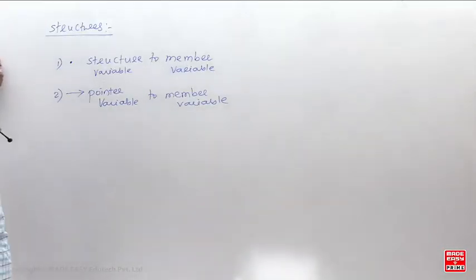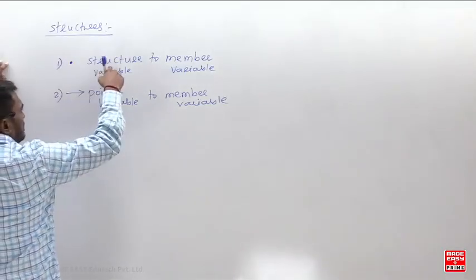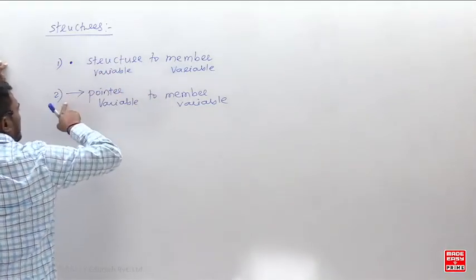Two different operators are used in the structures. The first one is dot. Dot means structure variable to member variable. This is arrow.